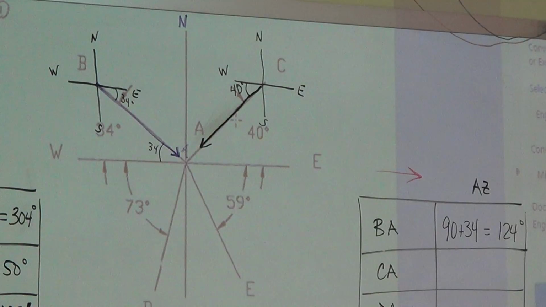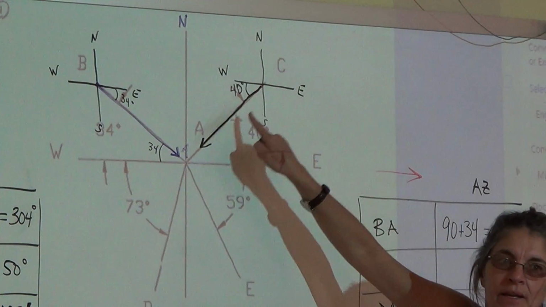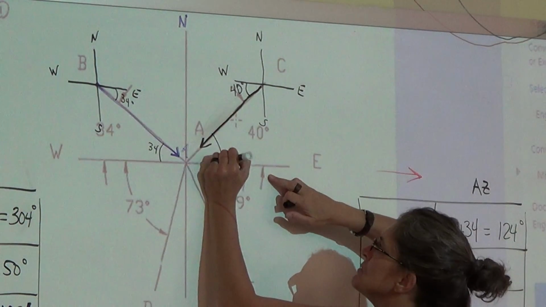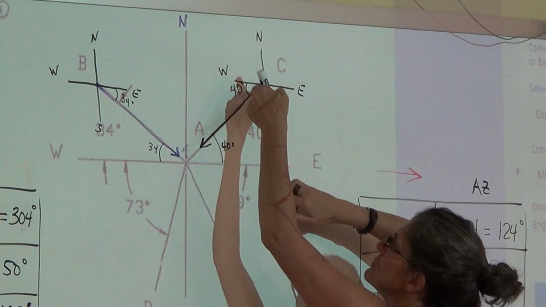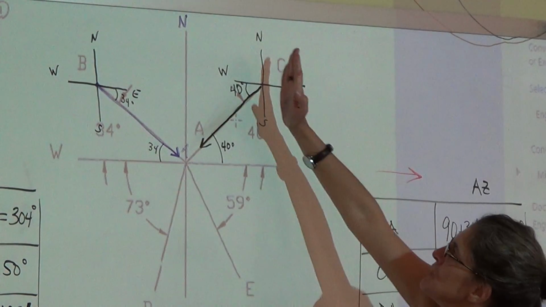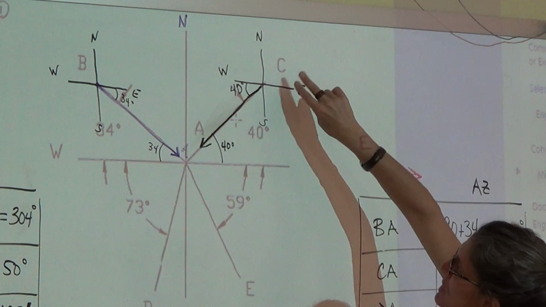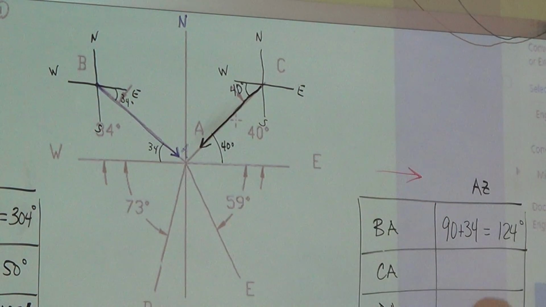So what's the azimuth? Julio. So the reference, you have this, right? So this is 40 degrees right here, see the arrow? This is 40 degrees, so that means this is 40 degrees. My reference is always from north. I'm turning clockwise because that's the direction. And what does my angle wind up being?